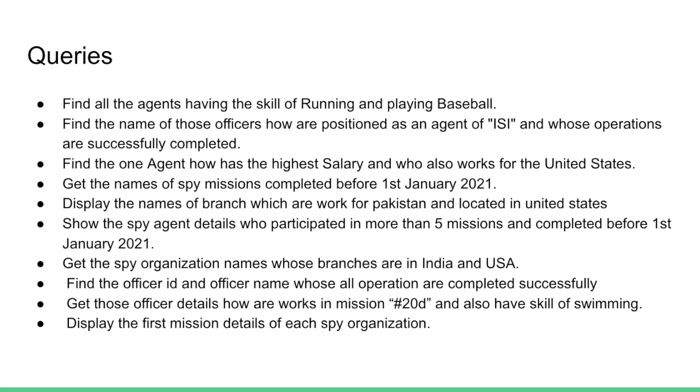First I have to make a dataset of those agent IDs whose operations are all completed successfully, and then with those agent IDs, get the officer ID from the agent table, and this is the link where I can get the officer name from the officer table.